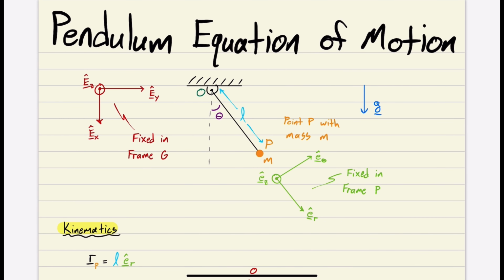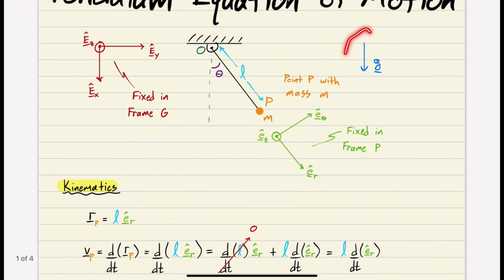So green EZ is going to be equal to red EZ. And then E theta is going to be EZ crossed with ER. It's always going to be perpendicular to the link. And we have gravity, the force of gravity, which acts on our mass here, point P.